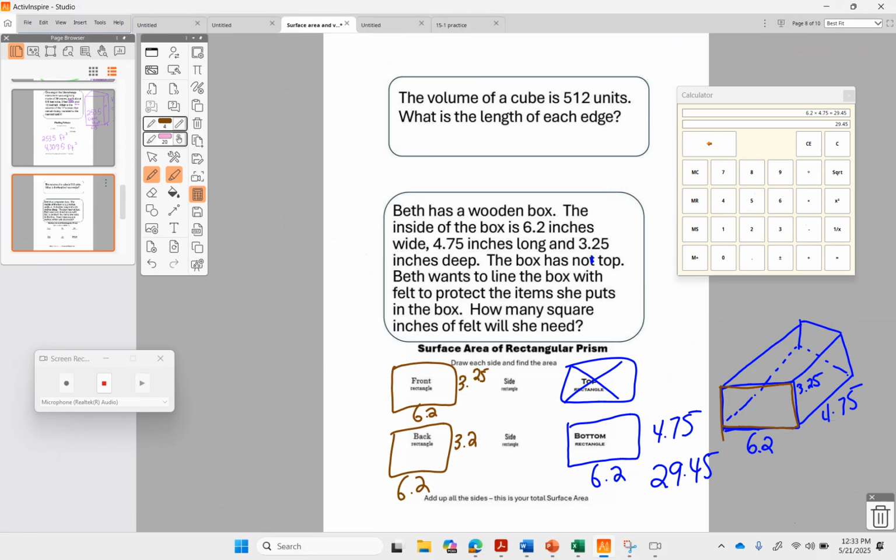Okay, so the front and the back are each 20.15 inches. Okay, and then there are sides.